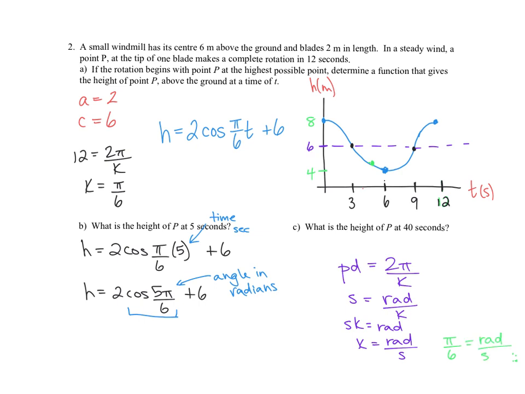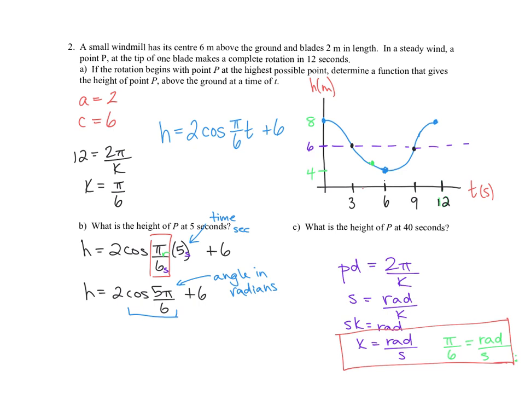So now, how does that work here? Again, think about this. Our k factor was this pi by 6. That was our k. It was also our conversion factor over here, changing things to radians per second. So now when I sub in my 5 for time, this is in seconds, and this is in radians.